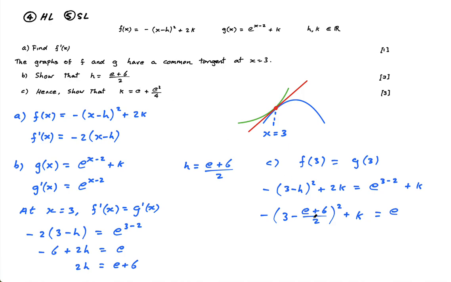I just need to turn this into e squared over 4, which I'm sure I can. Okay, a common denominator is going to be 2. So this gives me (6 minus (e plus 6)) all over 2, squared, plus k equals e.